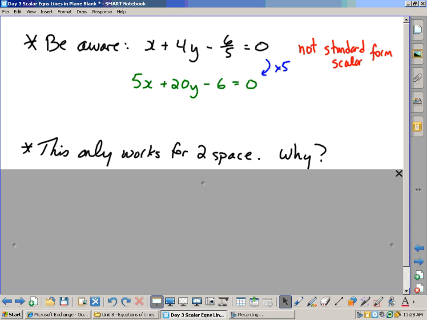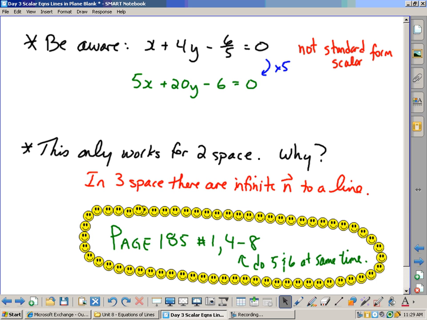So it's impossible to define a single vector that is perpendicular to a line. So the reason that this only works in 2 space is because in 3 space there are an infinite number of normals to a line.